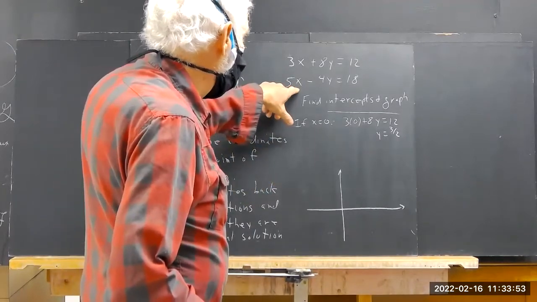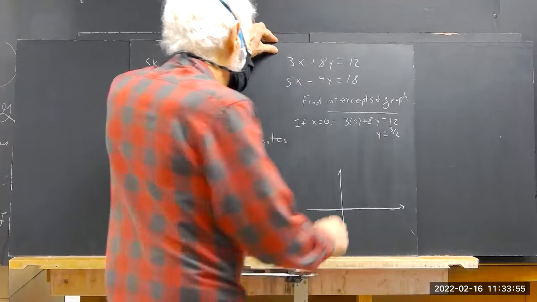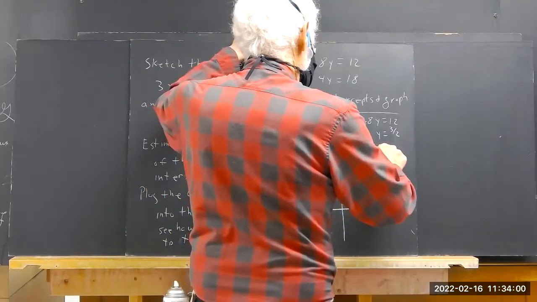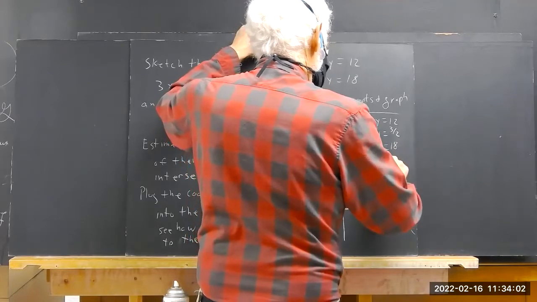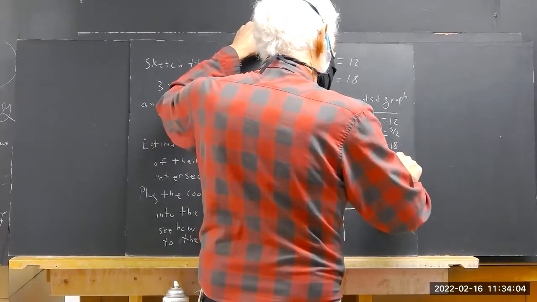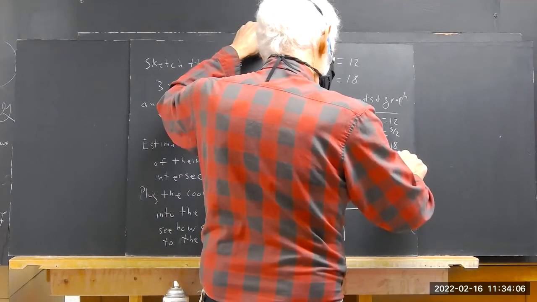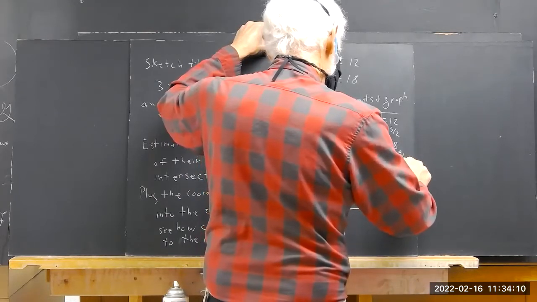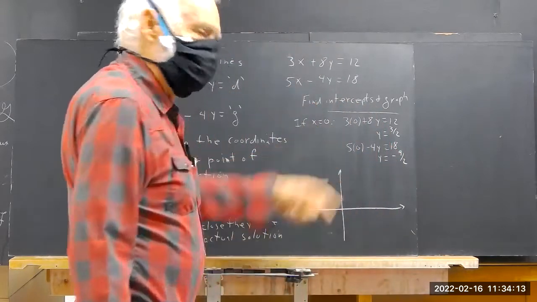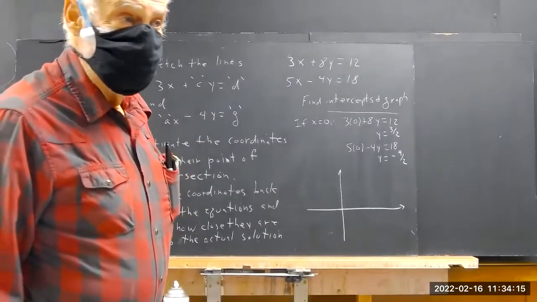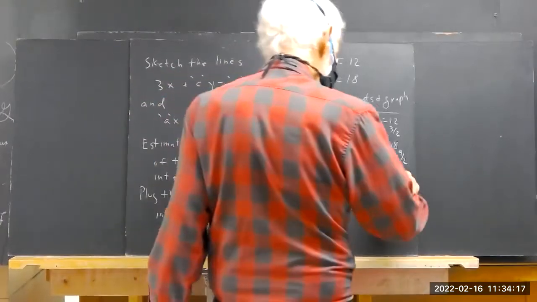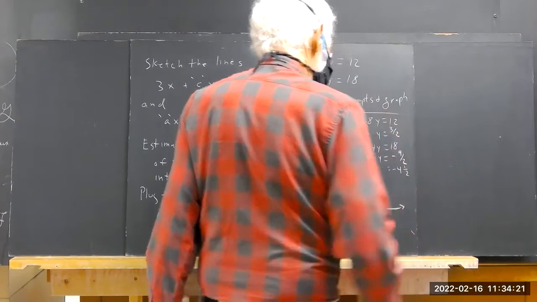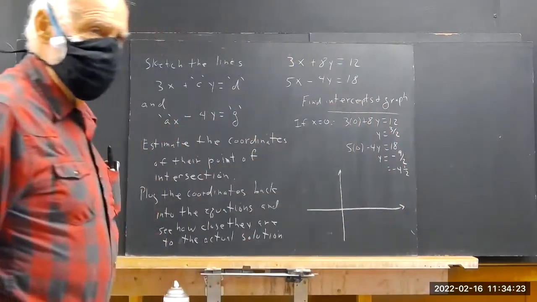If x is 0, y equals negative 5 halves, which is negative 4.5, right? And we're going to want the 4.5 so we can plot.